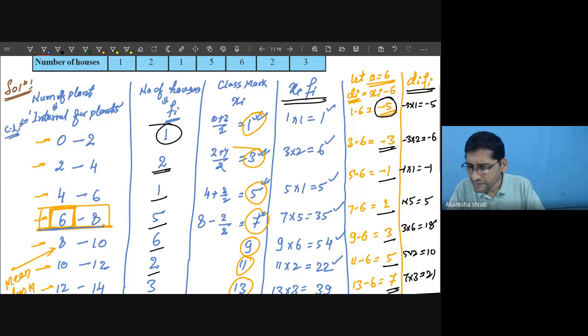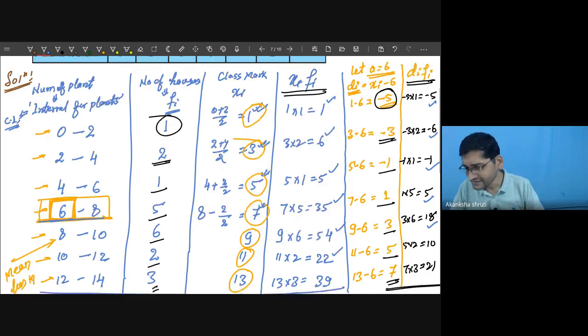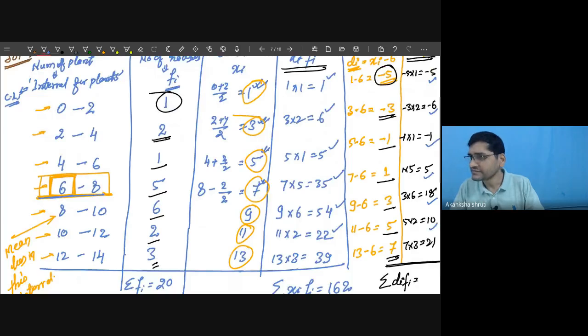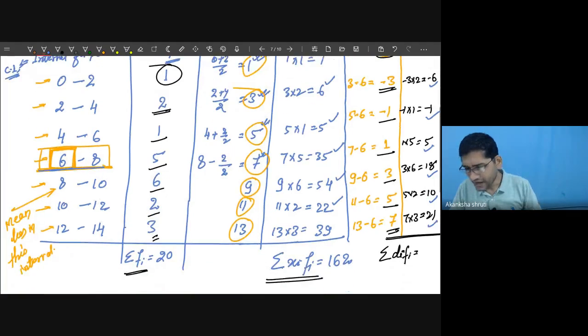Take minus 5, then minus 6, minus 11, minus 1 becomes minus 12, minus 12 plus 5 becomes minus 7, minus 7 plus 18 becomes 11, plus 10, 21, plus 21. How much? It becomes 42. Are you getting this one?